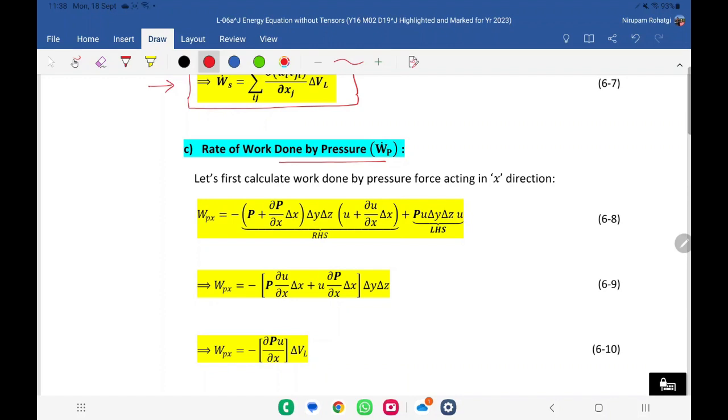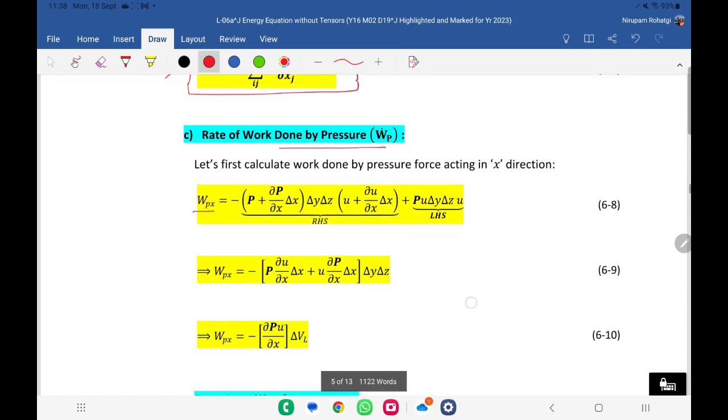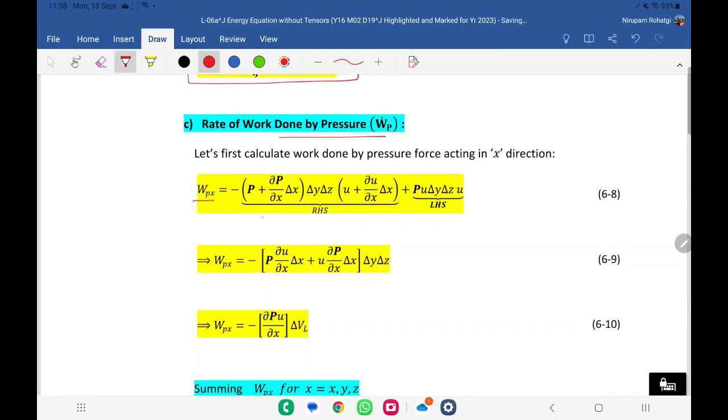Let's first calculate the work done by pressure acting in x direction. So we are only talking about x direction. Then we'll add all the 3 directions, we'll get the total work done by pressure. So the work done by pressure is pressure force multiplied by area multiplied by velocity, right?